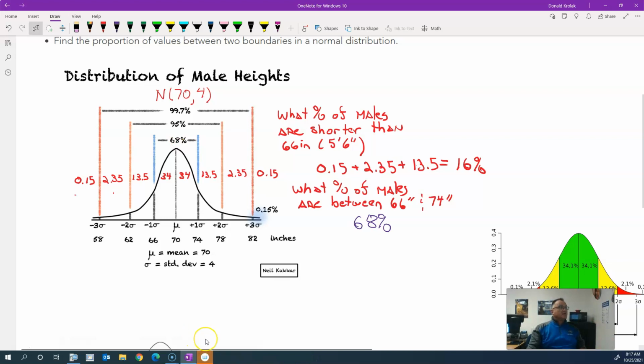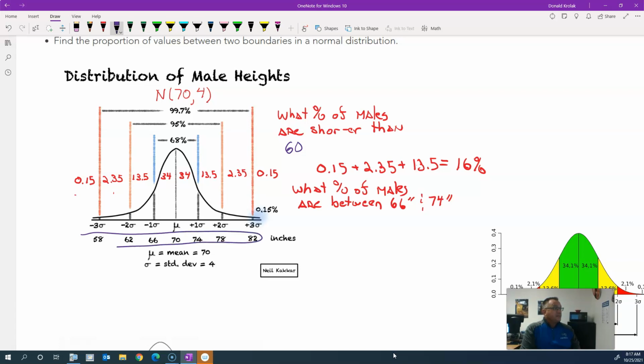Now what you're going to learn today is what happens when you're trying to find the area of something that's not on the chart. So if I said, what percent of men are 60 inches tall? Well, the problem is there's no 60 up here. So when that happens, you can't use these percentages anymore.